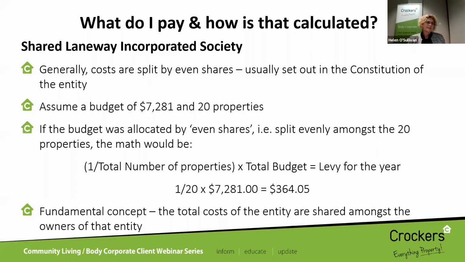There has been a question pop into the questions down here. Somebody's said they have a complex that's undertaking a roofing project that they've been advised is going to cost millions. Do I have to pay extra levies? And the answer is yes. Fundamentally, if the body corporate has costs, the only way those costs are funded is through the owners contributing money to pay for those.